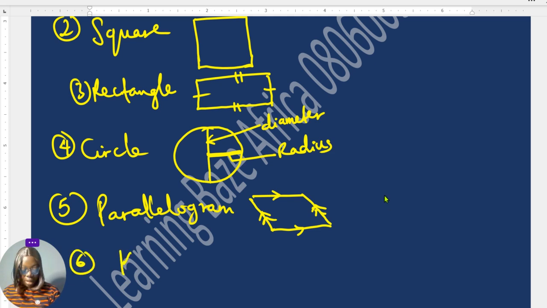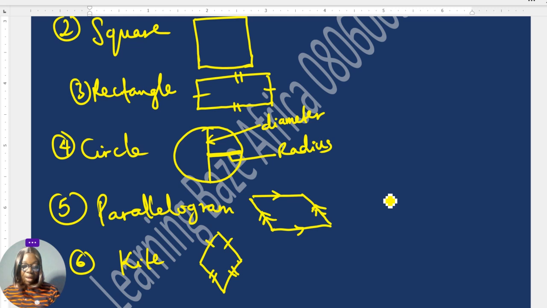Another plane shape is the kite. Kite is also a plane shape. All right, so these are plane shapes.